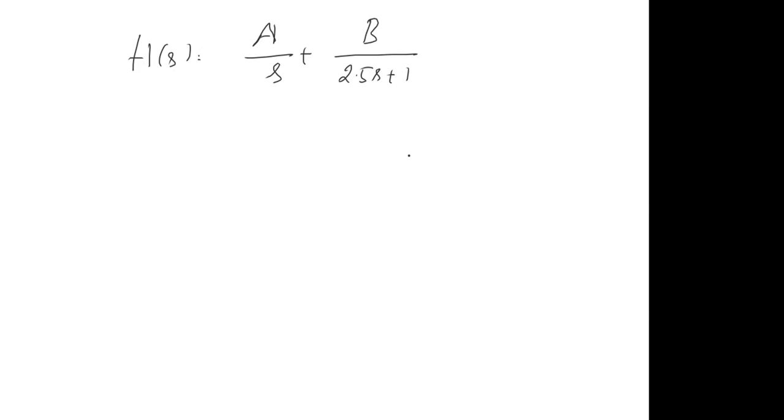How do you split this into partial fractions? I will represent 1 divided by s into 2.5s plus 1. Here 2.5 is the area.